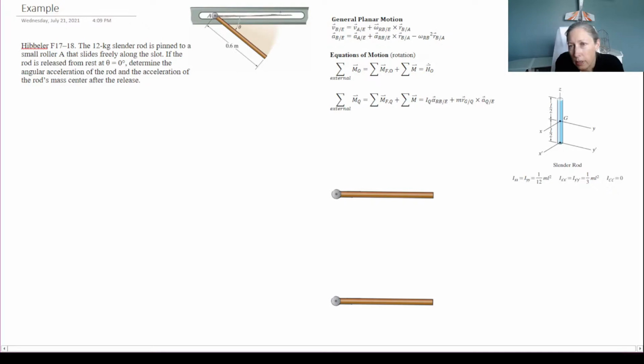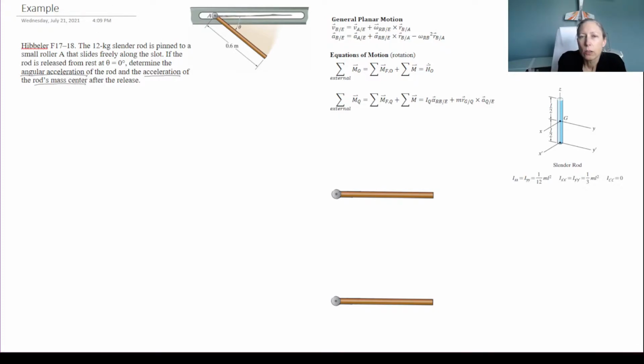And at time t0, that rod is released and it starts to do whatever the forces are going to cause it to do. So we're asked to find the angular acceleration of the rod and the acceleration of the rod's mass center just after it's let go.